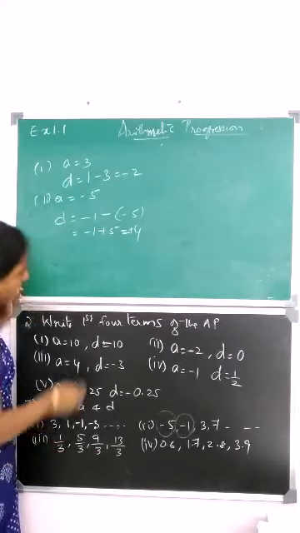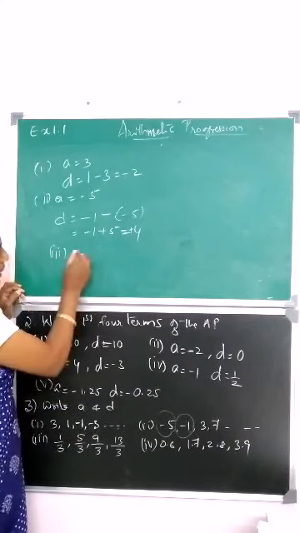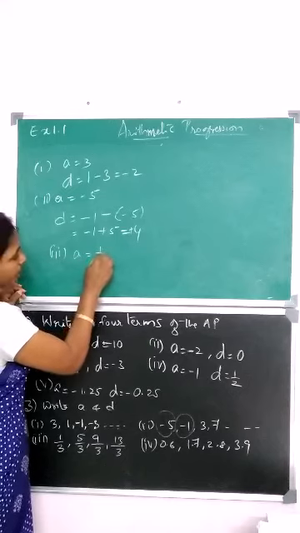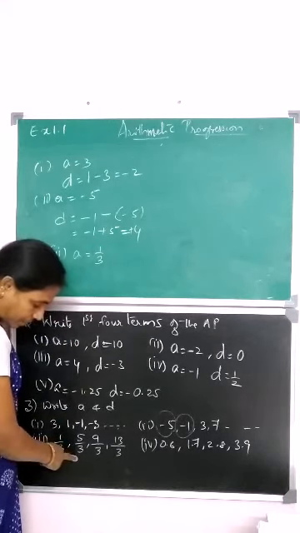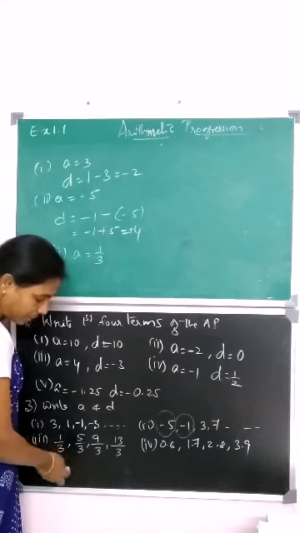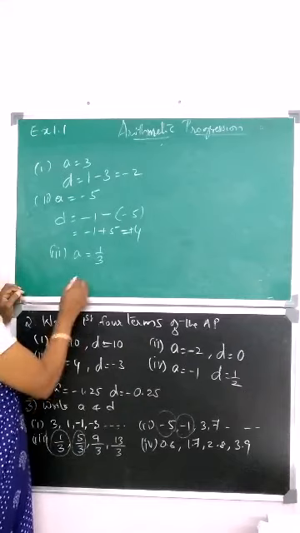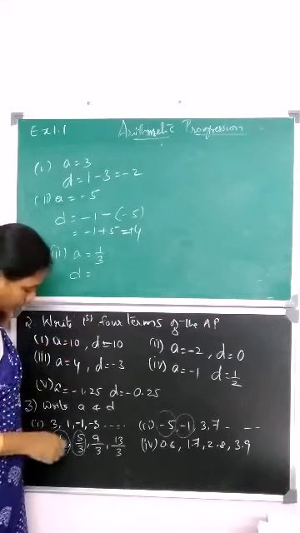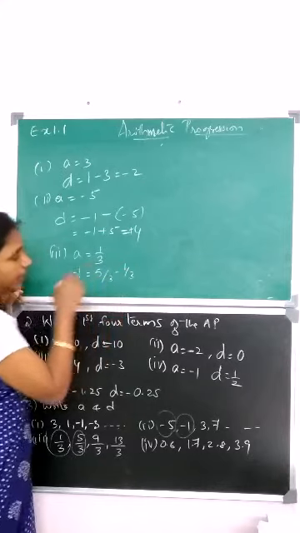ಥರ್ಡ್ ಒನ್ ಅಲ್ಲಿ ಏನಿದೆ? We have first term 1/3. a is equal to 1/3. It's easy to recognize. a is 1/3. But difference ಅನ್ನ ಹೇಗೆ ಫೈಂಡ್ ಔಟ್ ಮಾಡೋದು? ಸೆಕೆಂಡ್ ಟರ್ಮ್ ಮೈನಸ್ ಫಸ್ಟ್ ಟರ್ಮ್, isn't it? Therefore, difference is equal to 5/3 minus 1/3.